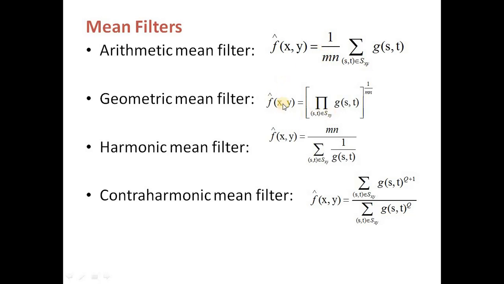Then the geometric mean filter. In the case of the geometric mean filter, f cap of xy, the intensity at the center coordinate of the subimage in the resulting image, is given by the product of all those intensities whose coordinates are included in capital S of xy, with that product raised to the power 1 by mn.